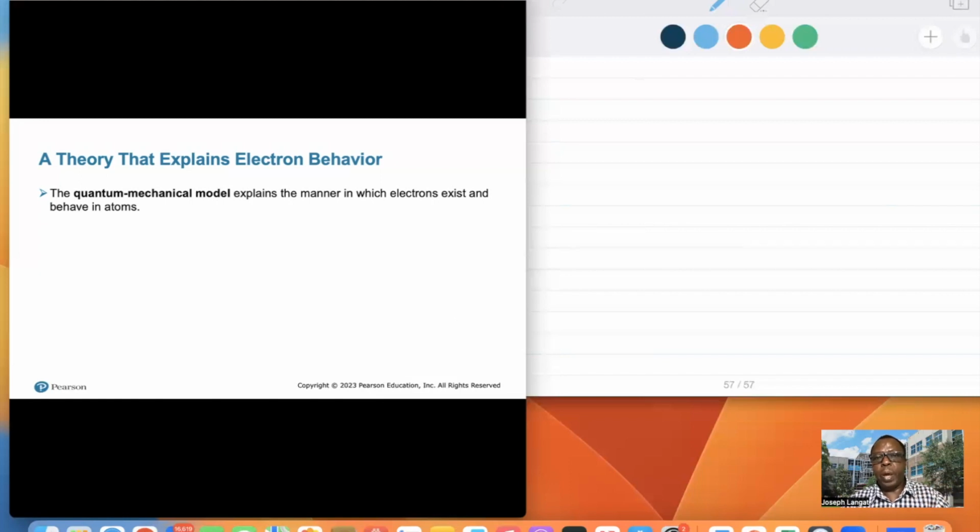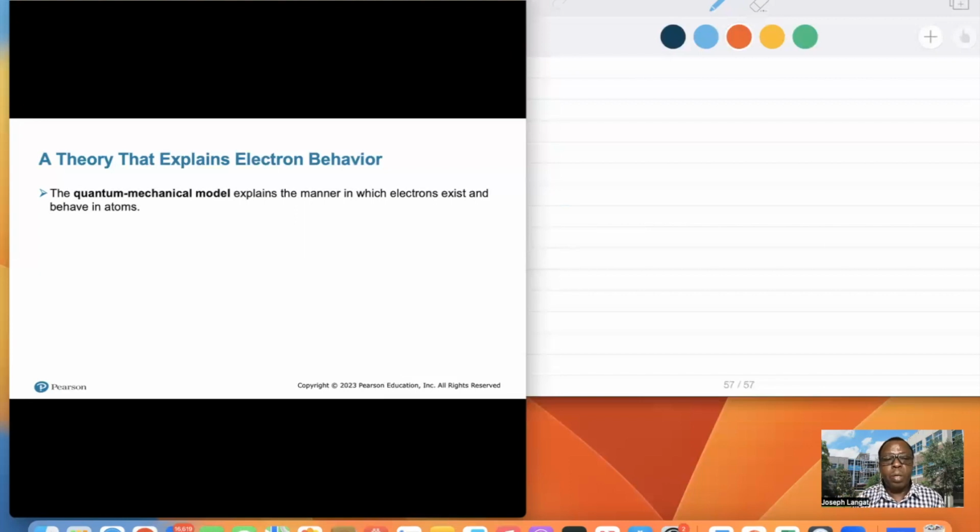So the only way we can tell the behavior of an electron in an atom of any element is using quantum mechanics to explain how electrons exist, how they behave, and where they reside in an atom. Remember the shells: energy level 1, energy level 2, energy level 3. We're going to talk about that.